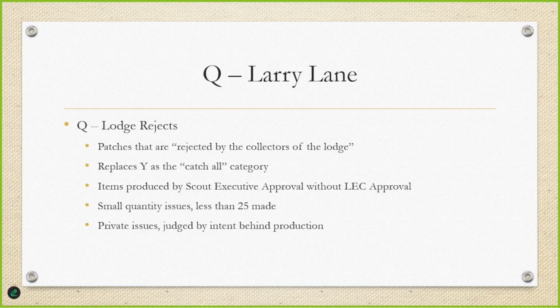We consider it a Q. The lodge collectors as a whole have decided those issues, this is how we're going to label them. If it's a small quantity that was less than 25 made, and this is kind of going into the discussion of what they added to Y in the 6th edition Blue Book definition, we consider it a Q.